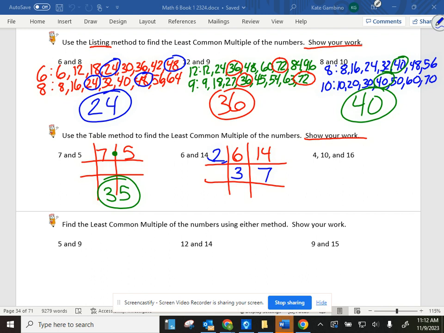When we do least common multiple, we want to make an L for least common multiple. And we're going to multiply all of the primes that are left. So 2 times 3 times 7. 2 times 3 is 6. 6 times 7 is 42. So our least common multiple of 6 and 14 is 42.